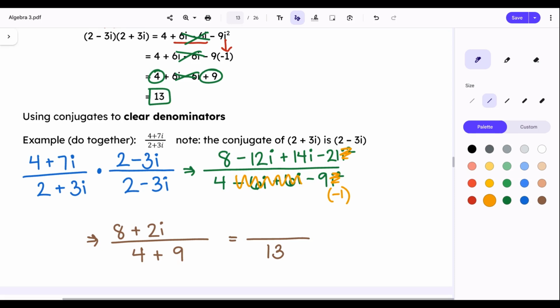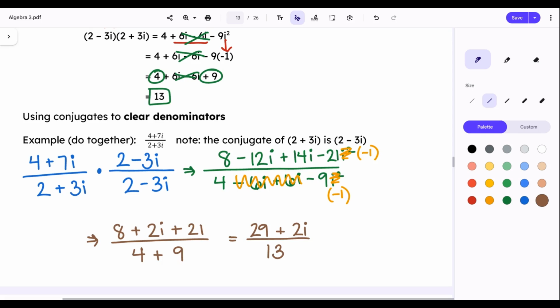You should be able to replace that i squared with a negative 1. And so the negative 21 times the negative 1 is going to change that to positive 21. And then the last thing we should be able to do is put our real numbers together. So 8 plus that 21 is going to become 29. And I'm going to write that first. And then I have my plus 2i piece left over.